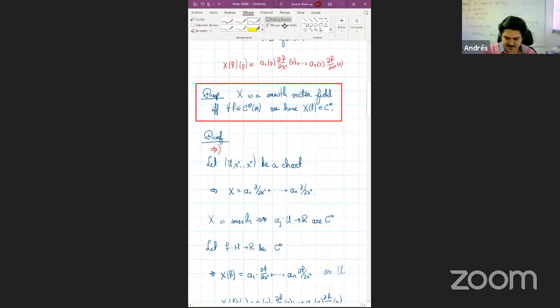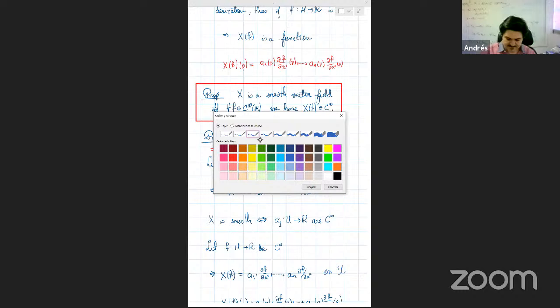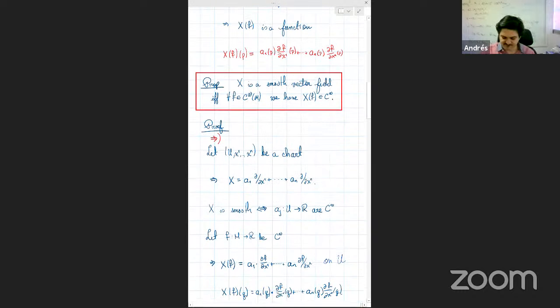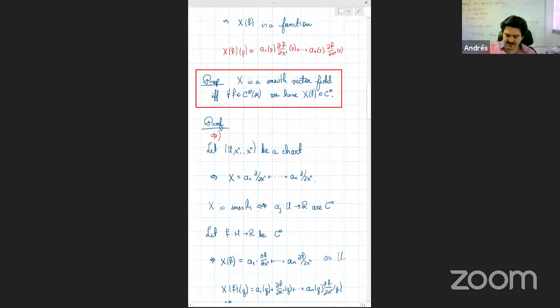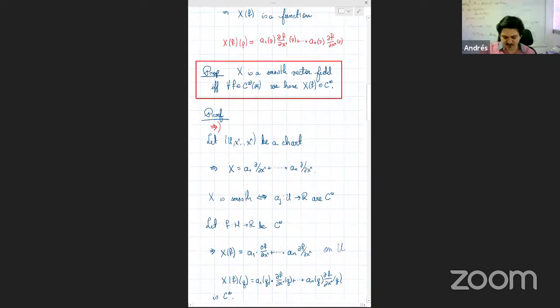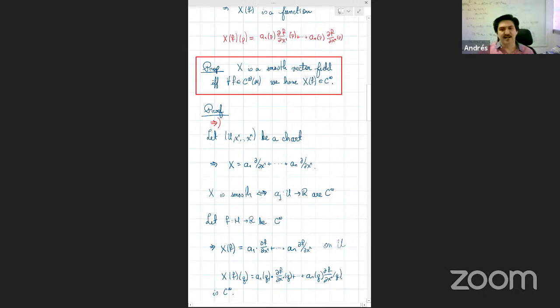And here at the bottom, I just wrote it down like the product of functions. The function A evaluated at a point, the differential evaluated, and all of that.